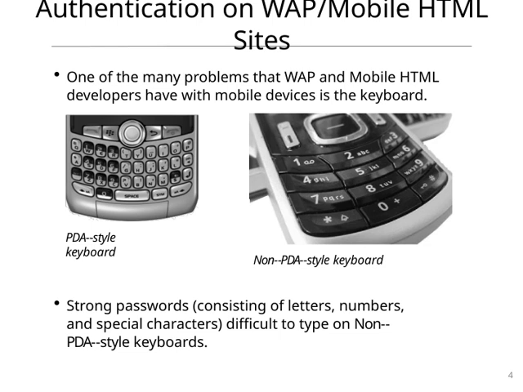Strong passwords are crucial for security, but they can be hard to enter on non-PDA keyboards because of the limited input options. This creates a real tension between maintaining strong security and providing a user-friendly experience. So, understanding this keyboard limitation is key to designing better authentication methods for mobile users. It's all about balancing security needs with usability, especially given the constraints of mobile device input methods.